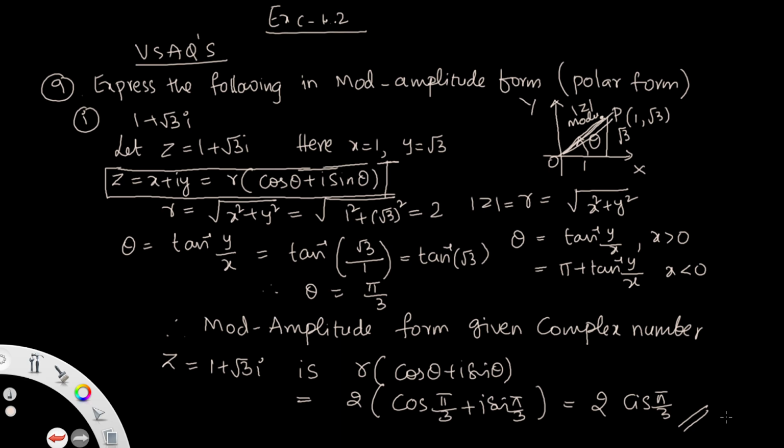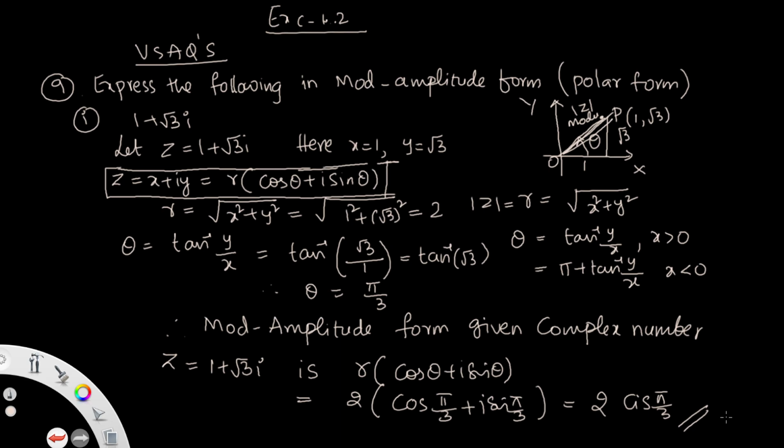First find small r, which is root over x square plus y square, the distance between the origin and the given point. Here x is 1 and y is root 3, so r is 2. Next, theta equals tan inverse y by x, tan inverse of root 3 by 1, so theta equals pi by 3.